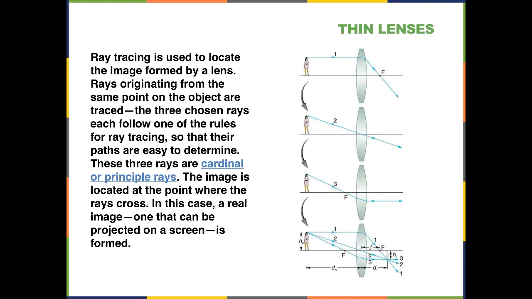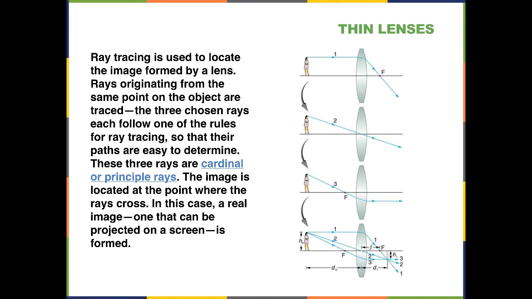And what do we mean by that? Well, this shows how these various rays can be used to show where the image ends up. So you use 3 rays to define where the image will ultimately occur. And these 3 rays are called the cardinal rays or principal rays. The first is parallel from the object through the lens and then down through the focal point.